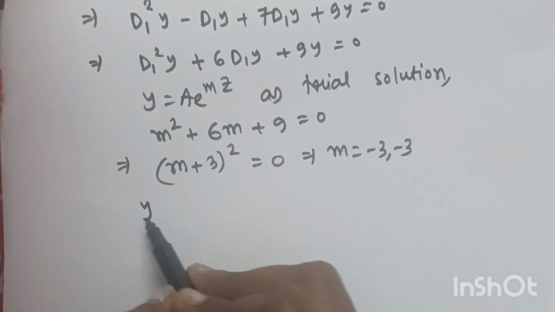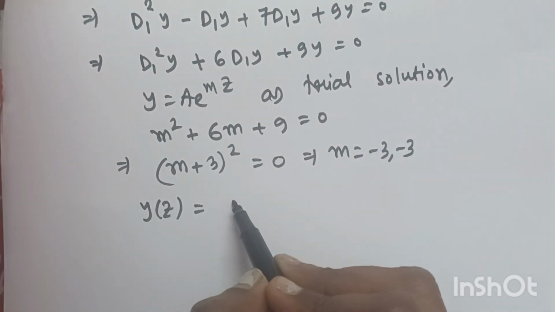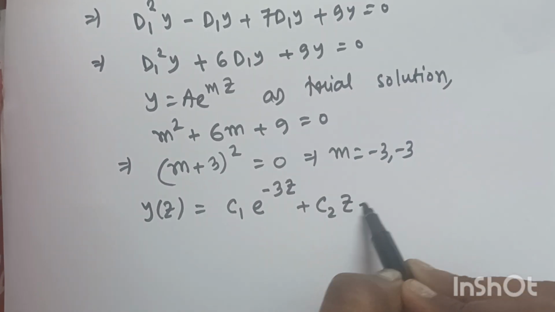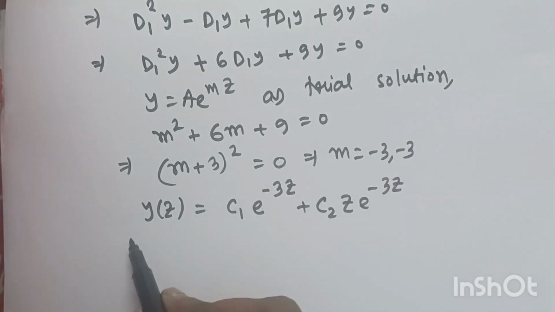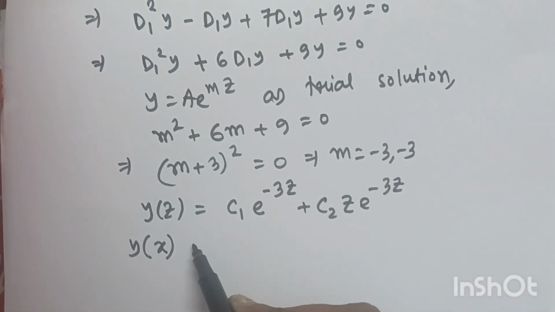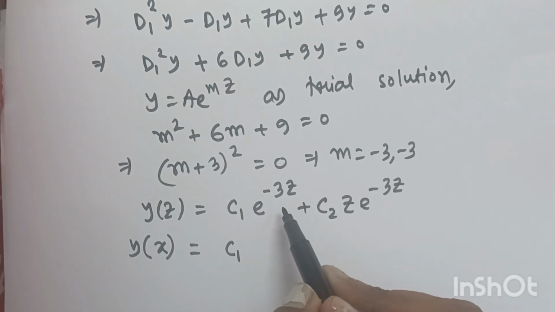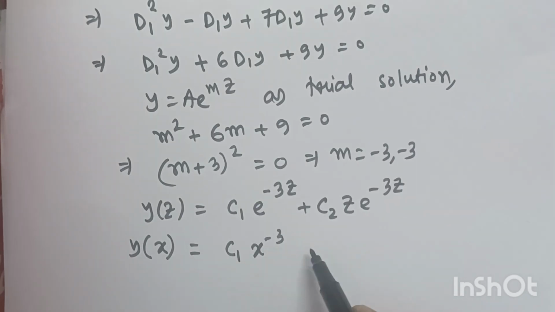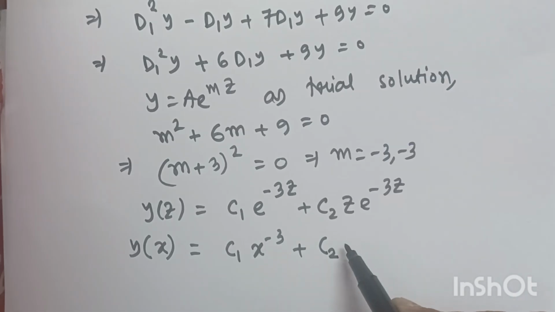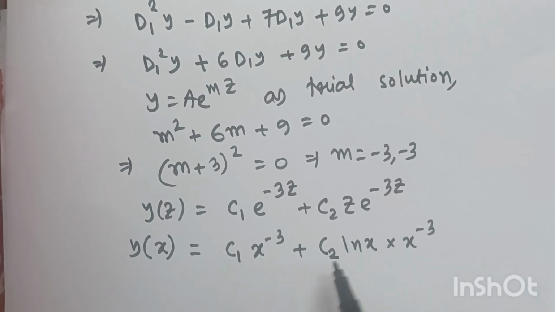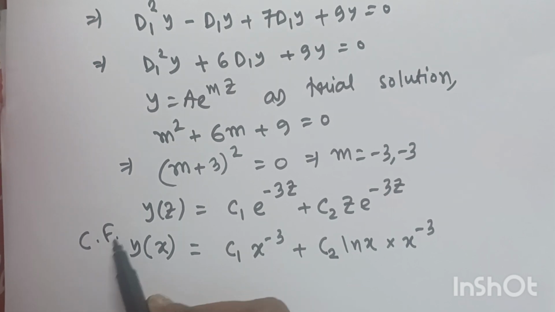So now our CF will be y(z) equal to c1 e power minus 3z plus c2 e power minus 3z into z. And in terms of x, since x equal to e power z and z equal to ln x, this will be c1 x power minus 3 plus c2 ln x with x power minus 3. And this is our CF, where C1 and C2 are arbitrary constants. So we have obtained the complementary function.